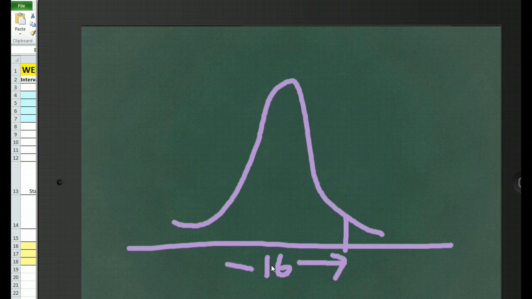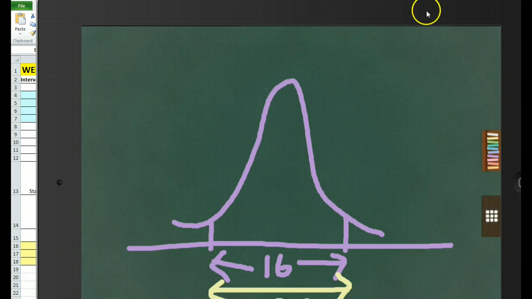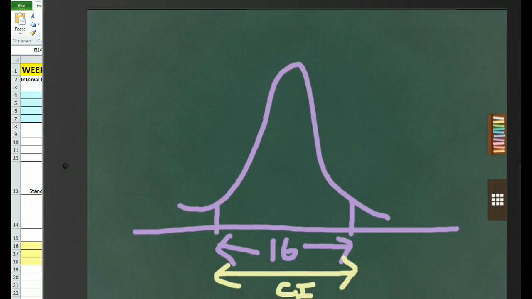So we find what the margin of error is and we widen this so that this area now becomes our confidence interval, right? So our confidence interval is now this area. So we move from the 16 up and down by our margin of error so that we now create a confidence interval.